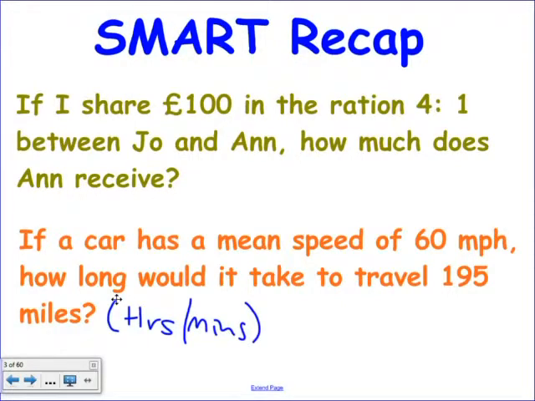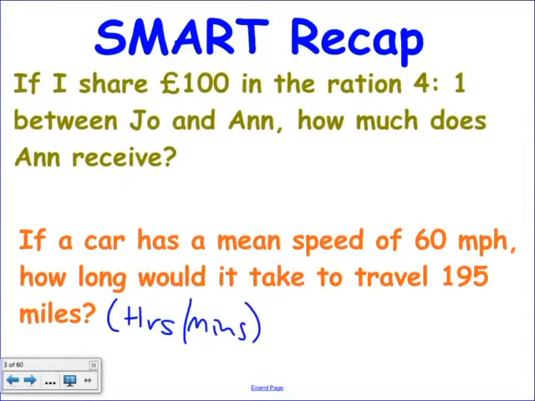Okay then, on the first one for our starter, what's a good starting point then? J and A. Oh yes, J and A. Let's do what I've been showing you since week 2 or 3. J and A, and then 4 and 1, in the ratio of 4 to 1. And the total is 5 parts, because we're talking about a total.